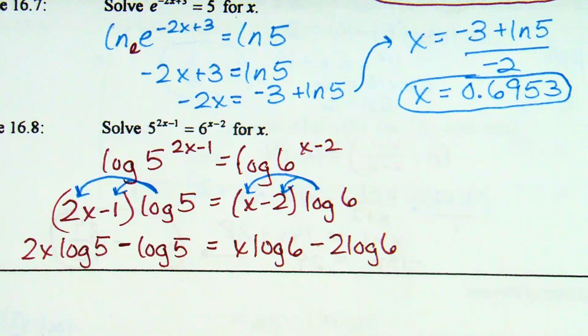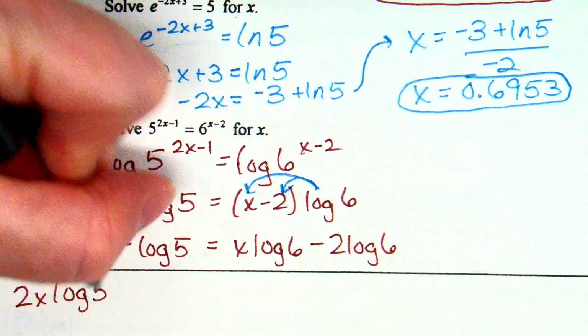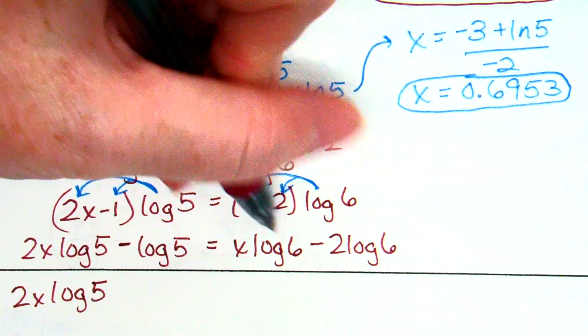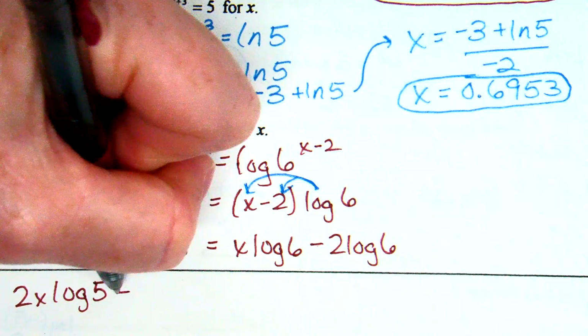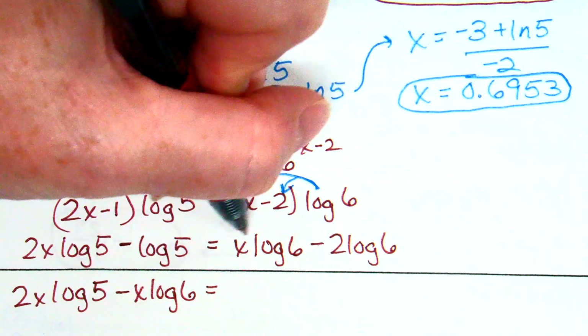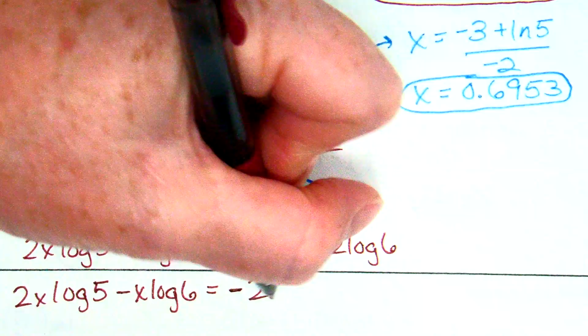We're trying to solve for x, so we need all the x's on one side. I'm going to keep 2x log 5 here. I'm going to subtract over x log 6. Are you guys okay with that? On the right side, there's still a negative 2 log 6.